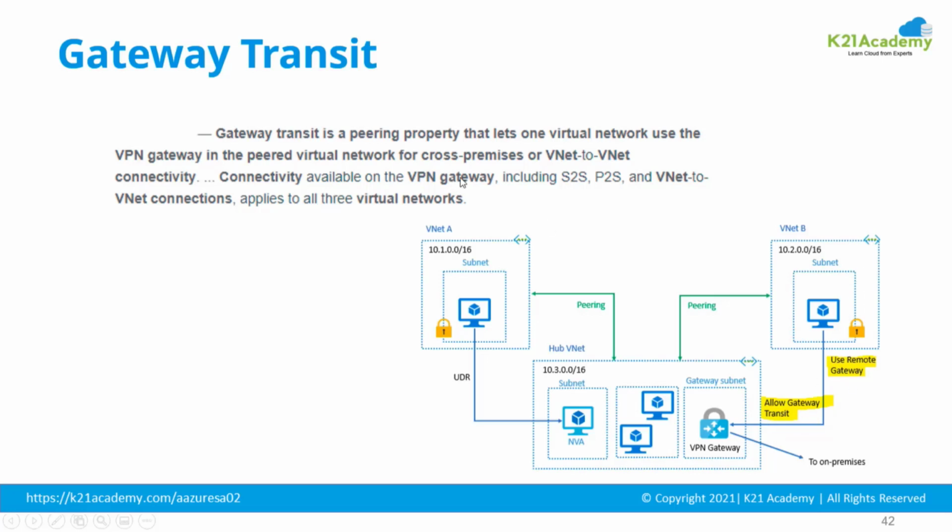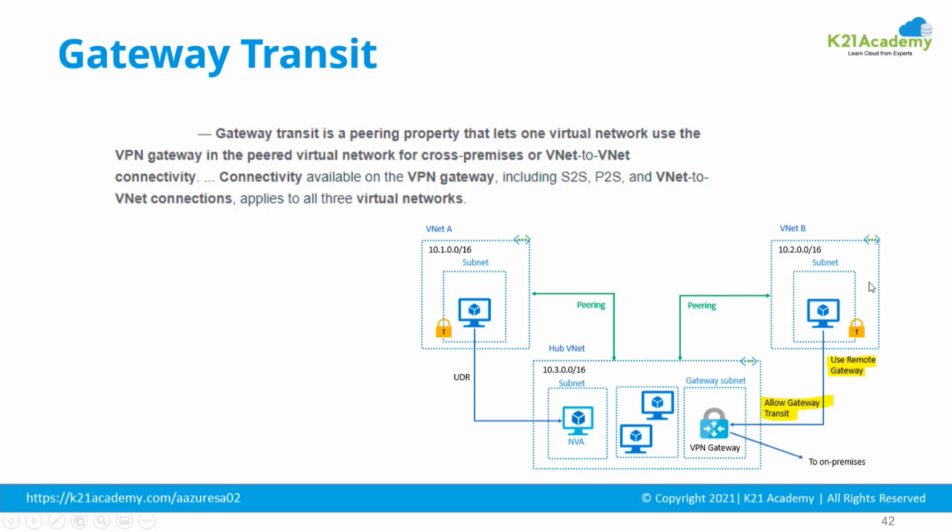So gateway transit is a property that you set at peering, when defining peering, that lets one virtual network use the VPN gateway that is peered to connect across environments. So that is what we are going to do.